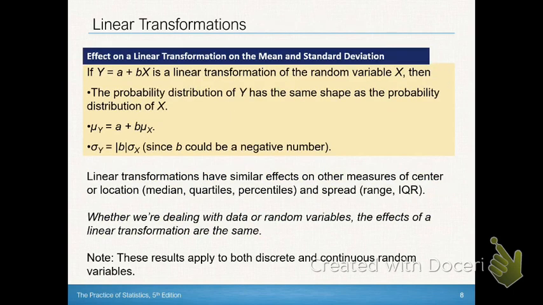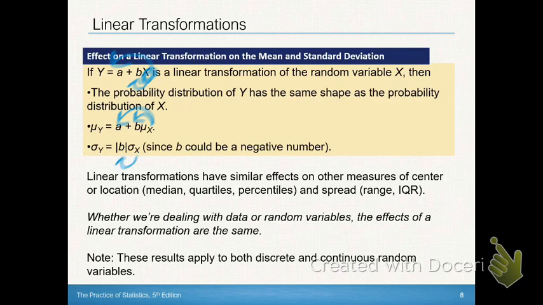So one way we can write both of these things in the same manner is that we can say that if we're going to take our original distribution and multiply it by some value and add some value, the mean gets multiplied by that same value and added with that same value.